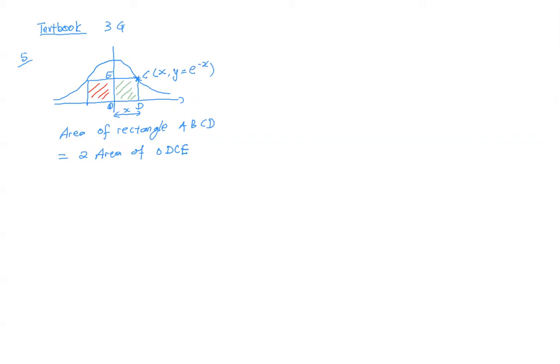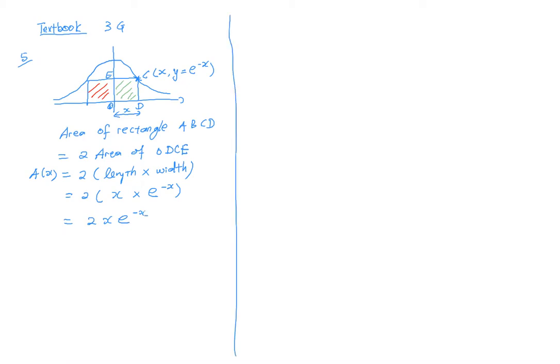So the area function for the rectangle is 2 times length times width. You can say it's width, you can say it's height, up to you. So it equals 2 times the length X, times the height e to the power negative X. So I have 2x times e to the power negative X.